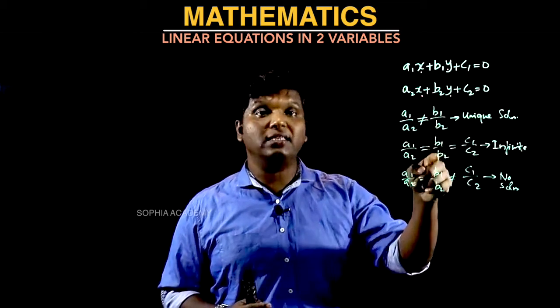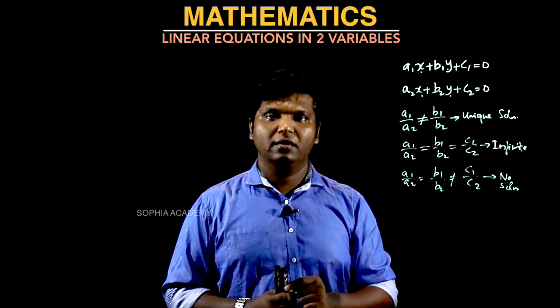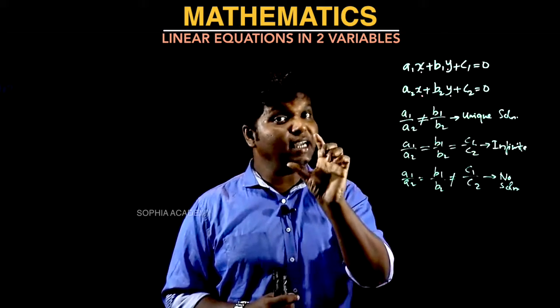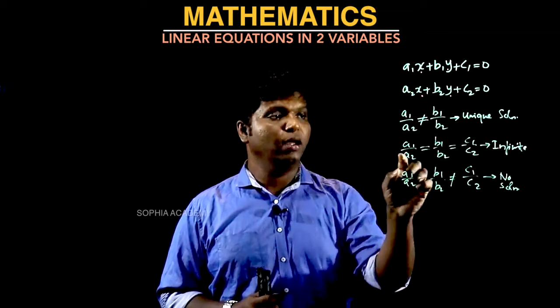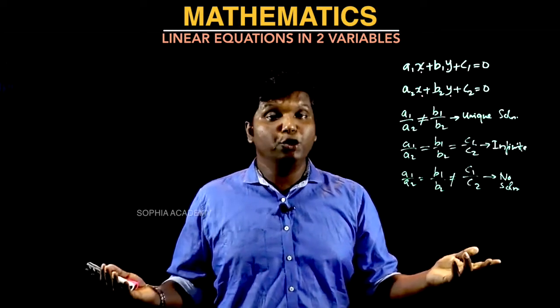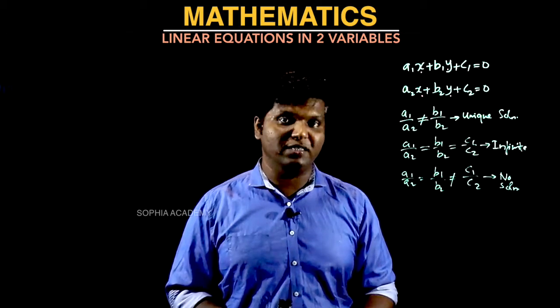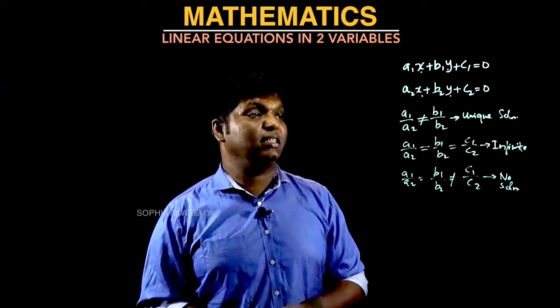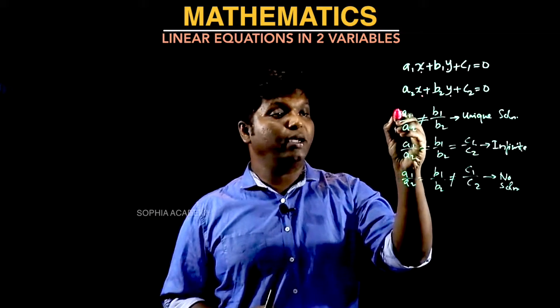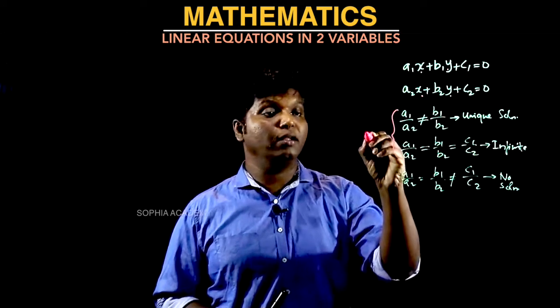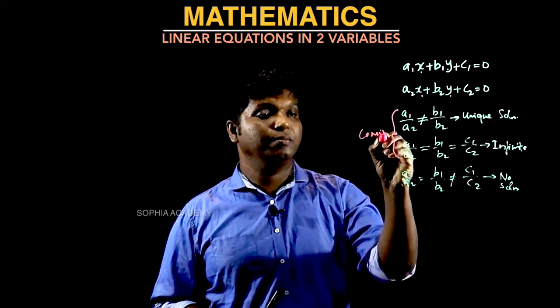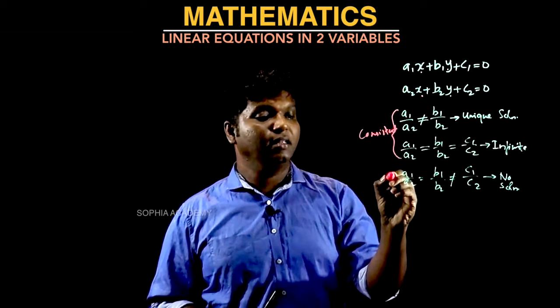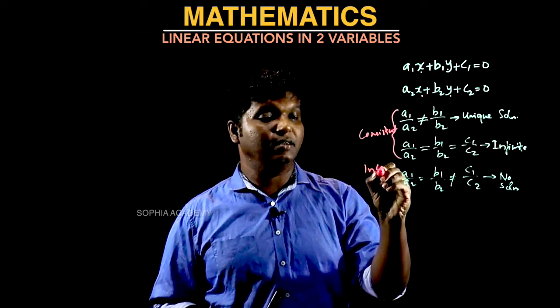But in these two cases there is a solution. Here there is a single, unique solution, but here there are plenty, numerous, infinite solutions. So in this step we can say that these two cases we call consistent, and this will be inconsistent.